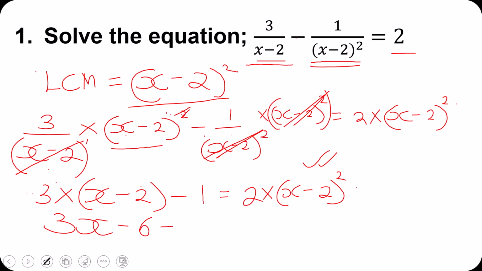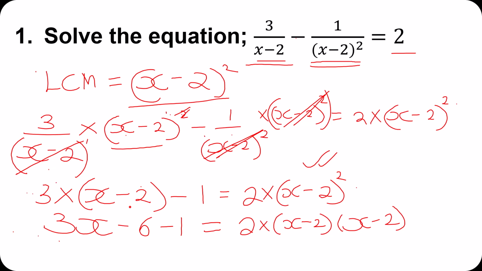Then we don't forget our 1, minus 1, which will equal to 2, then times, we can expand this bracket, it will be x minus 2 into x minus 2. So these are two brackets which are similar. So when we continue to solve this equation, 3x can remain as 3x. Then negative 6 minus 1, we shall have minus 7. And then this will equal to 2. We can keep our 2 first, then multiply these two together.